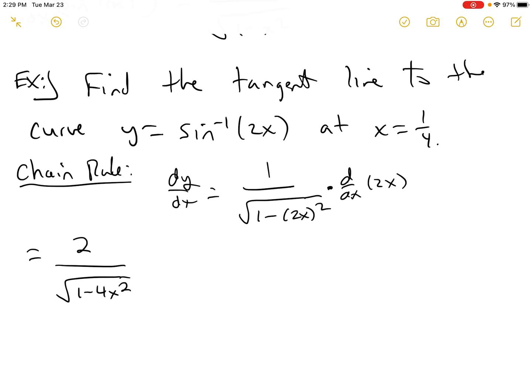And if we want to find m tangent, we have to evaluate this at x equals 1/4.